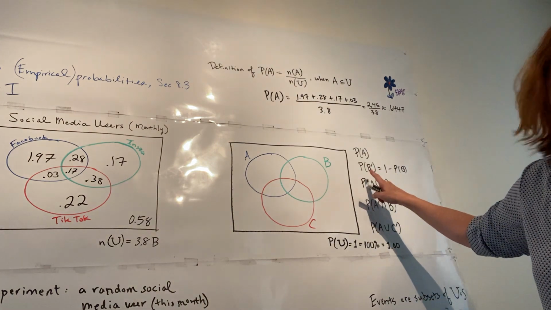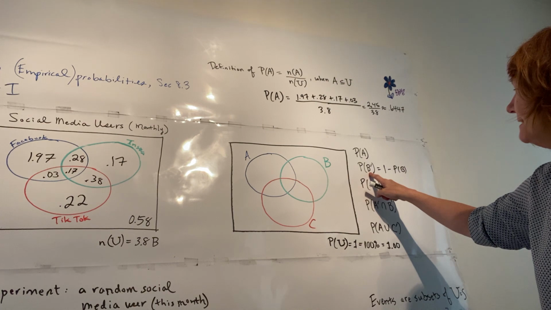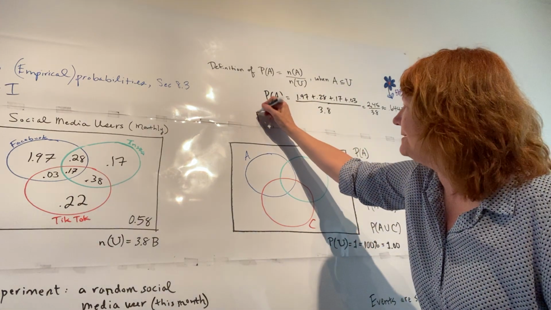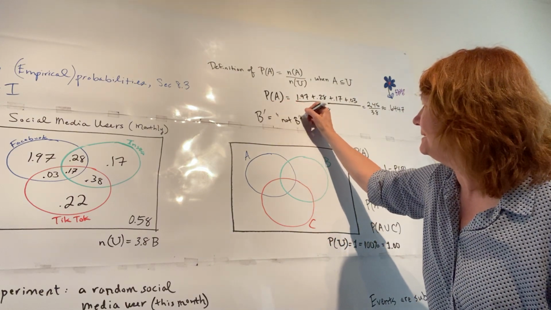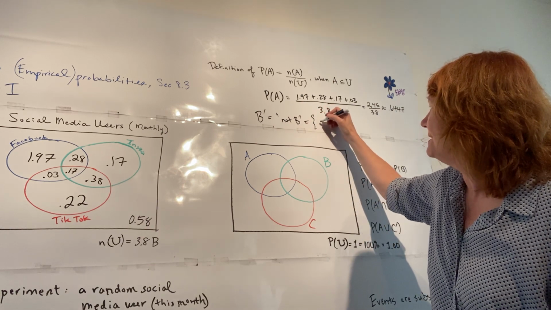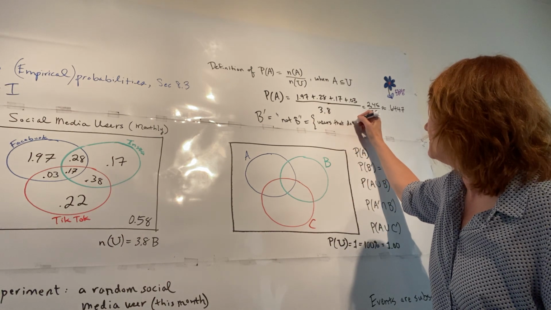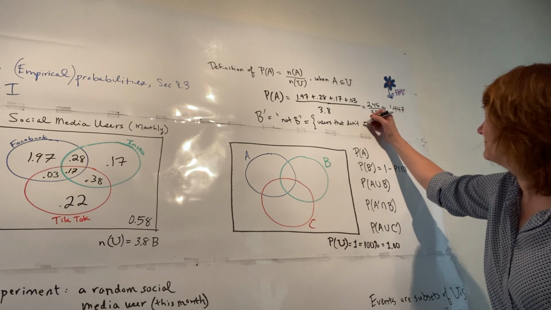Other types of questions that get asked are, what's the probability of not B? Not B is equal to the set of all users that don't use Instagram.